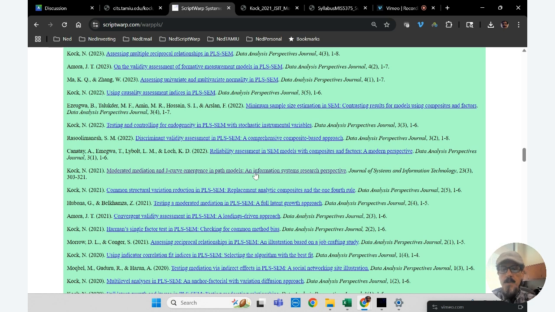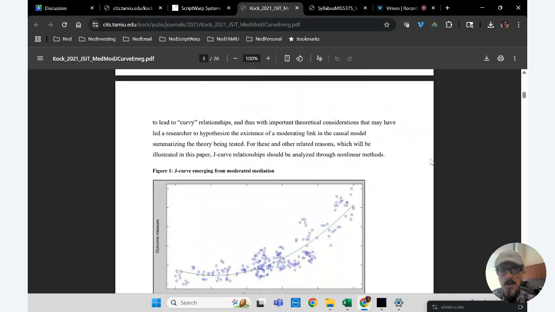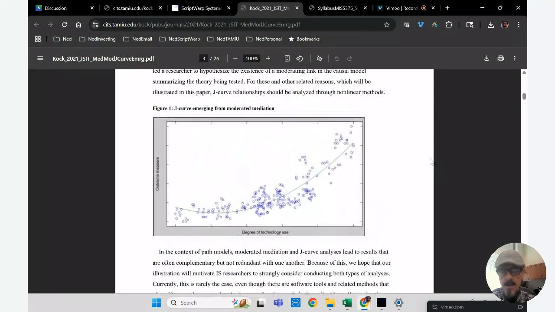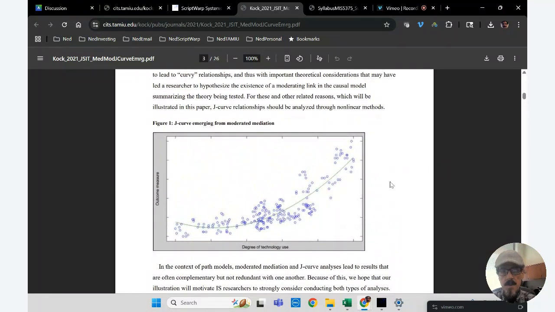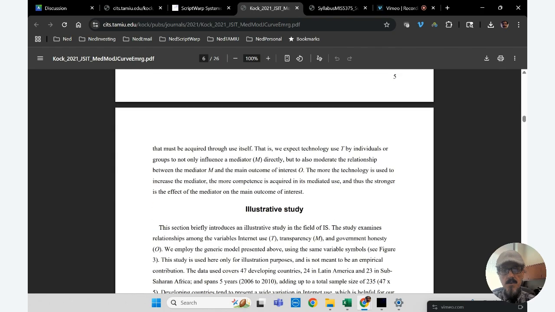In this paper, if you click here, you get this paper, and on the third page you see this relationship. When you look at this, let's say I did not have the curve passing through the points. If you're looking only at the points, you would suspect that this is a nonlinear relationship.